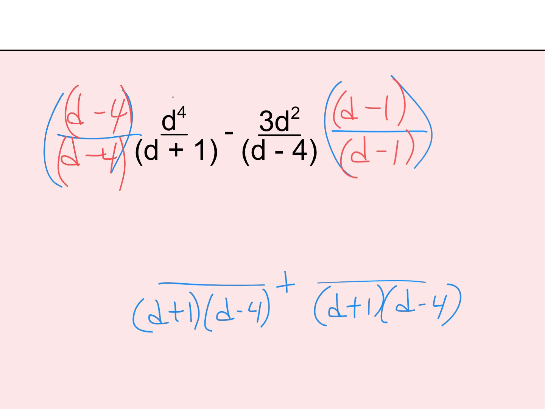So let's distribute this thing out. D to the 4th times D. How many of you knew that was D to the 5th? Put your hand up if you knew that was a D to the 5th. Okay. And then D to the 4th times negative 4 minus 4D to the 4th.